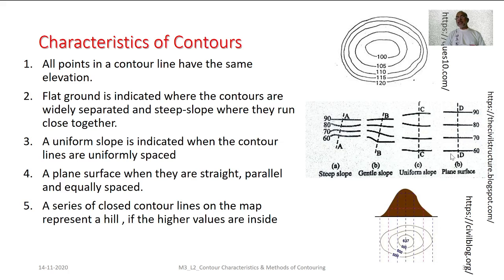Wherever we see such a structure, we can interpret that the ground is a plane surface. Similarly, contours may not be exactly parallel to each other or horizontal, but more or less they will attain the same shape as this plane surface, and they will be representing a certain uniform slope.